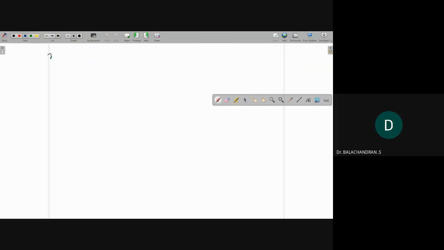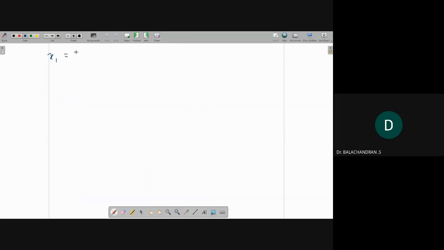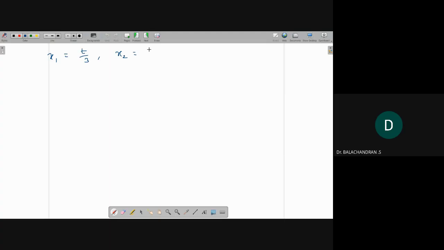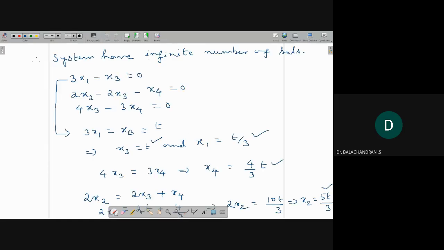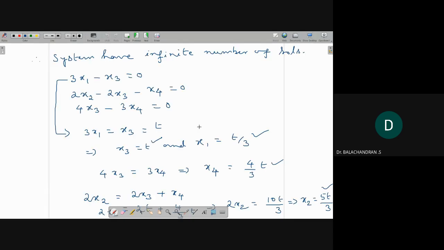So you can check it. x1 equal to t by 3, x2 is equal to 5t by 3, x3 is equal to t, and x4 is equal to 4t by 3.